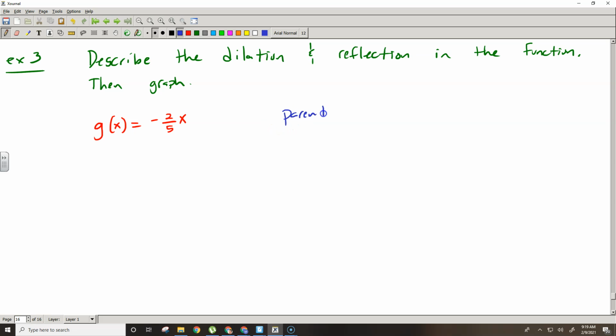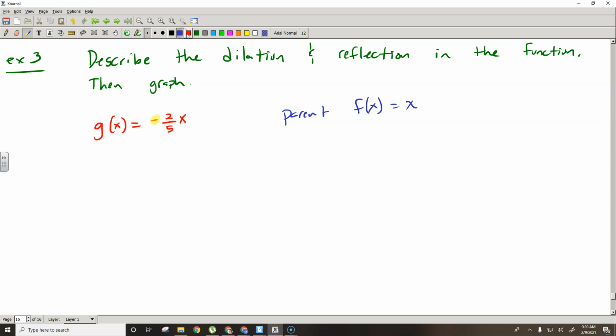So the parent function would be, let's say, f of x equals just 1x, right? So when we look at these characteristics, the first thing that I'm going to notice is that we are multiplying right there. We have a negative value that we're multiplying this function by. So since we're multiplying by this negative, we're going to have a reflection.